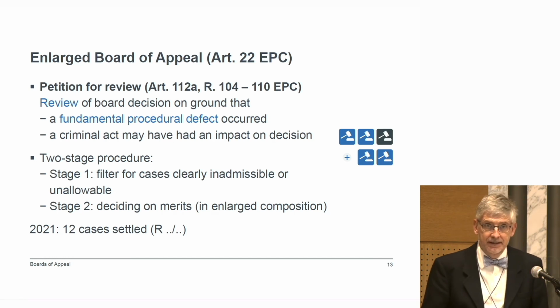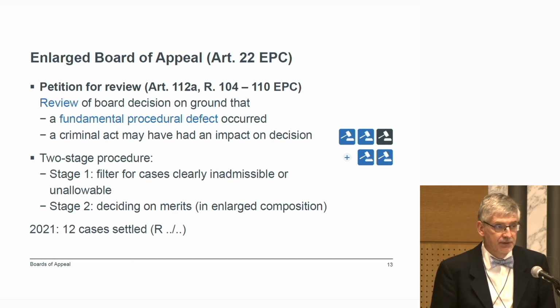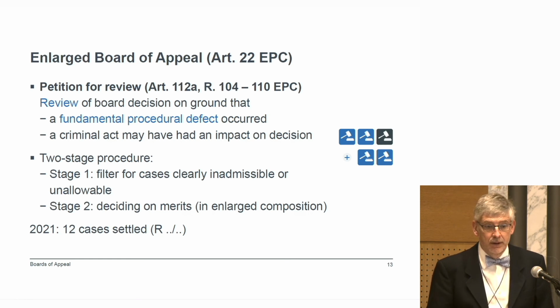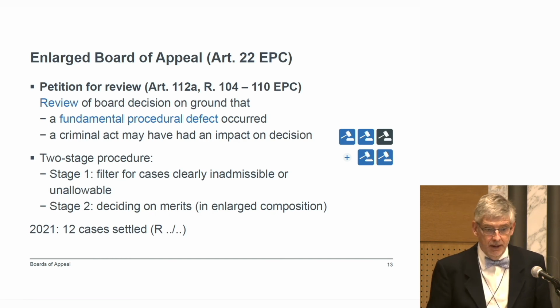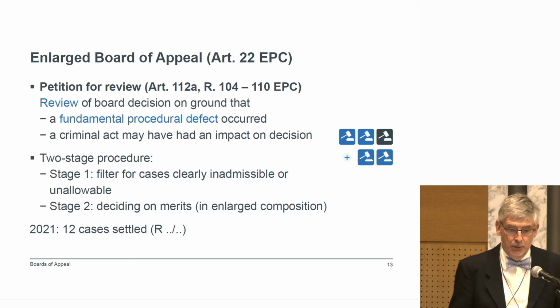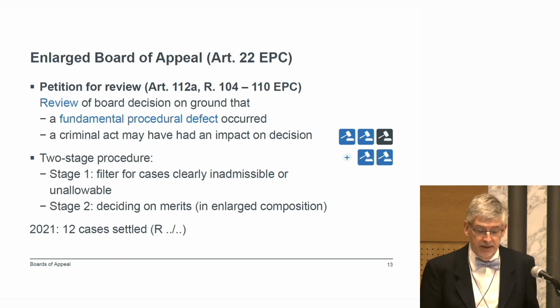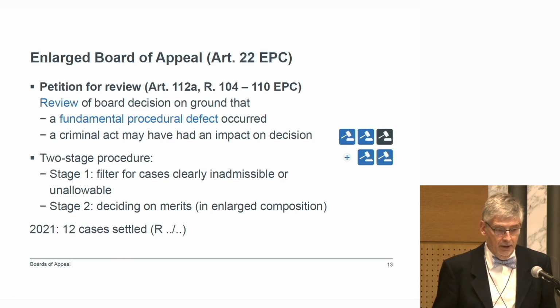In these proceedings, the Enlarged Board is composed of 2 legally qualified members and 1 technically qualified member, or in an extended composition by 2 additional legally qualified members, making then a combination of 5 members.